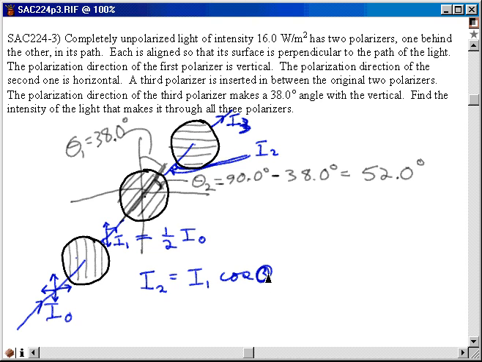Oops, let's call it theta 1. I'm going to work things out with the symbols first and then plug the values in later.